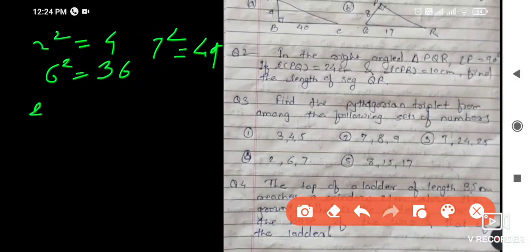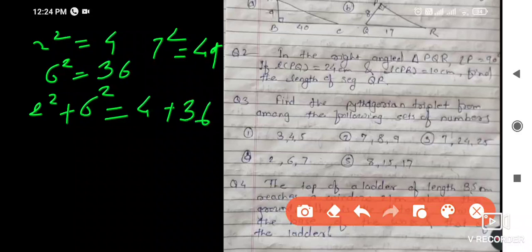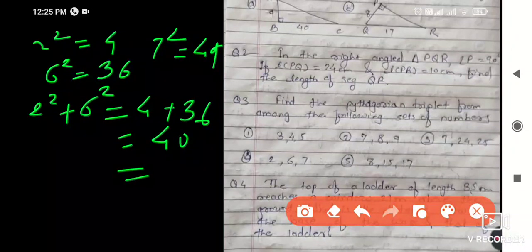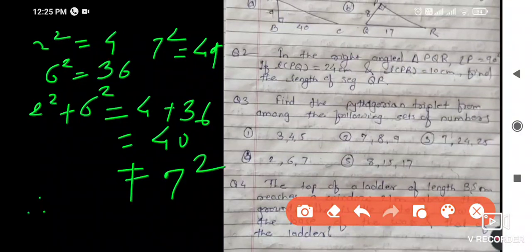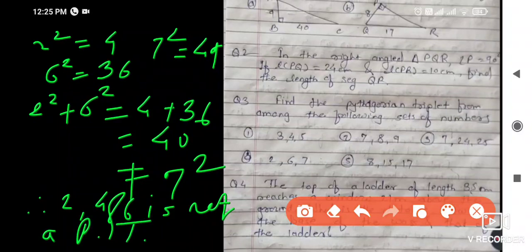So let's add the squares of the smaller numbers. 2 square plus 6 square is 4 plus 36, which is 40. And 40 is not equal to 7 square, and therefore 2, 6 and 7 is not a Pythagorean triplet.